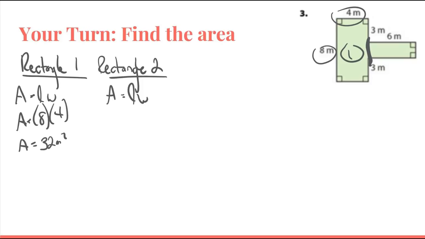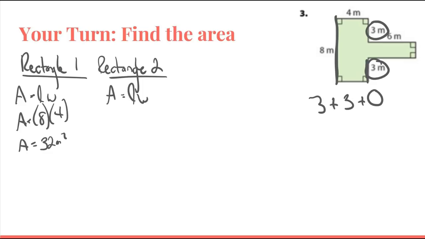For my second rectangle, my length is 6, and my width I have to figure out. This part total is 8. This part is 3. This part is 3. So 3 plus 3 plus something, let me use a question mark instead of a 0, plus something has to equal 8. And obviously that missing thing is 2. That means that this has to be 2 meters.